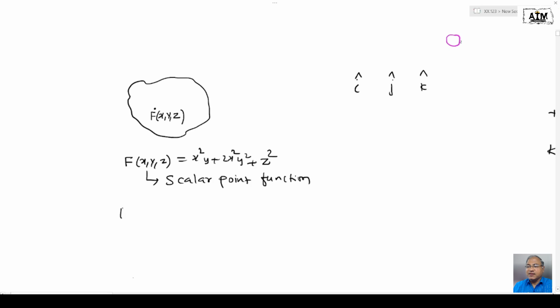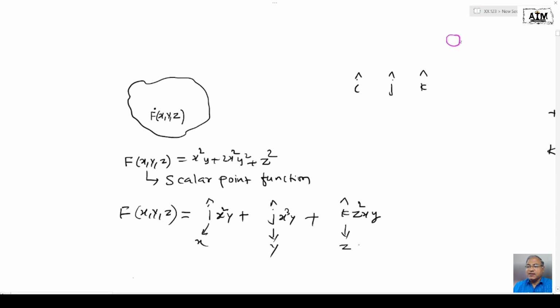And suppose f(x, y, z) is expressed in terms of vectors, using i cap, j cap and k cap, with some function, let us say x squared y plus x cubed y plus z squared xy, where we are using i, j, k. i, j, k are the unit vectors along the x direction, the y direction and the z direction.